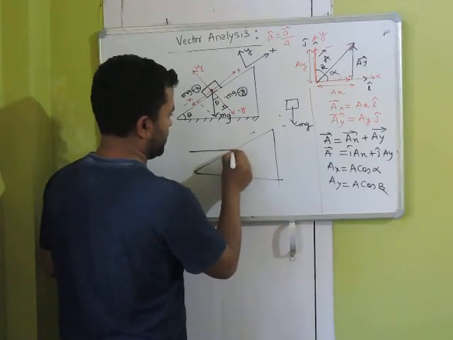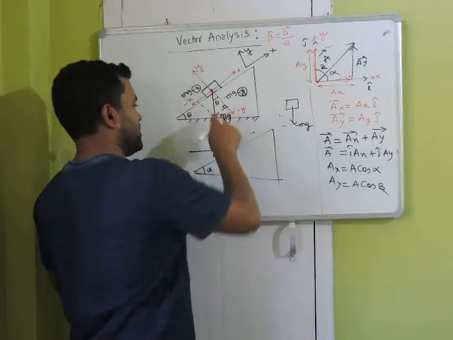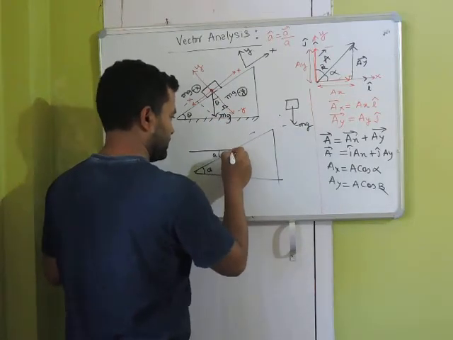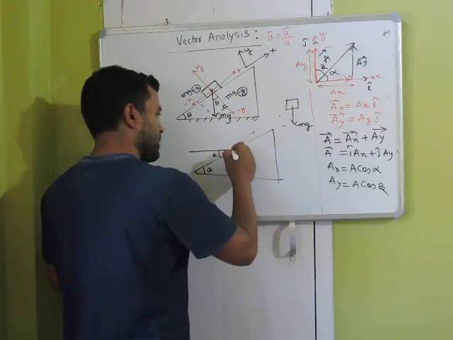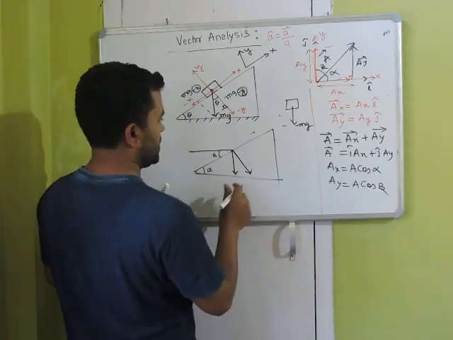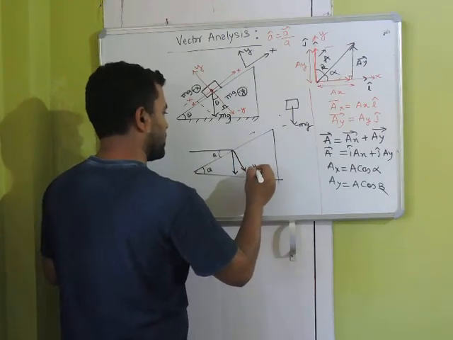Let us say we draw a parallel line, so this is theta, this is theta, right? mg is perpendicular to this, so mg is this, and this minus y is this. This is minus y.